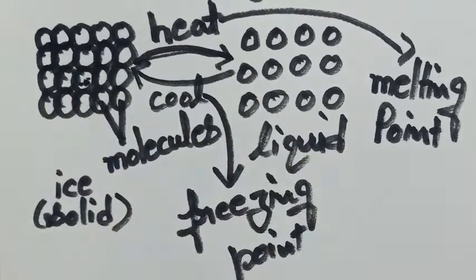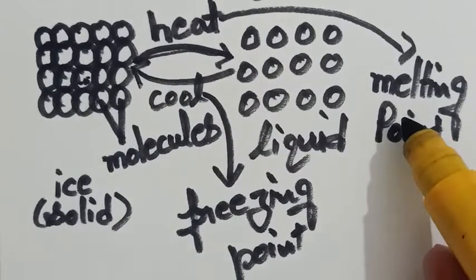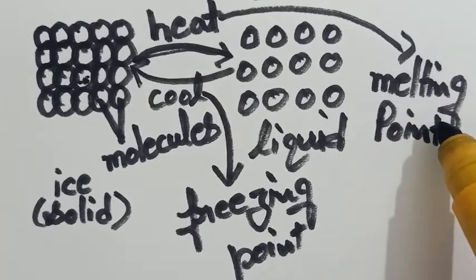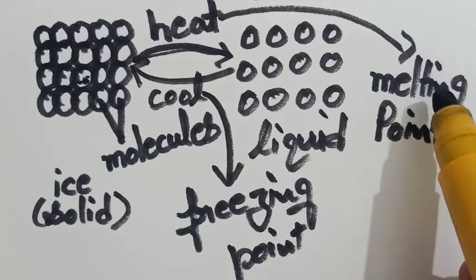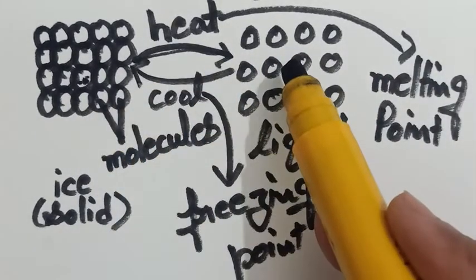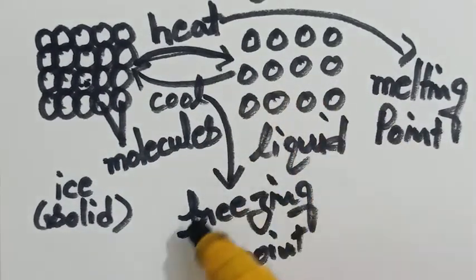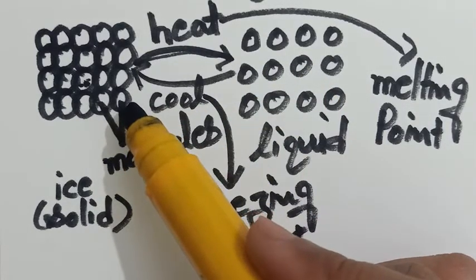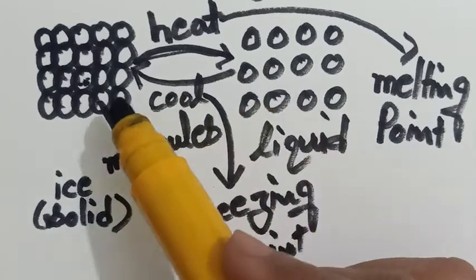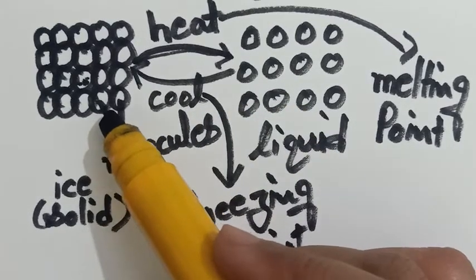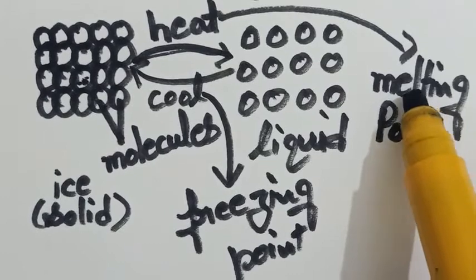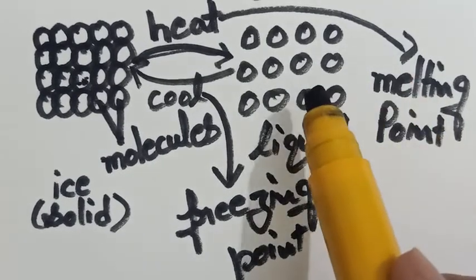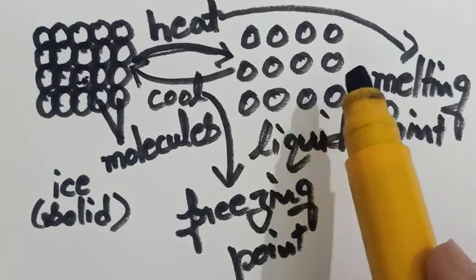It is very clear from here that at the melting point, at this temperature a solid changes into liquid, and at this temperature liquid changes into solid. A substance will exist in solid state only below its melting point, whereas a substance can be present in liquid state only above its melting point.